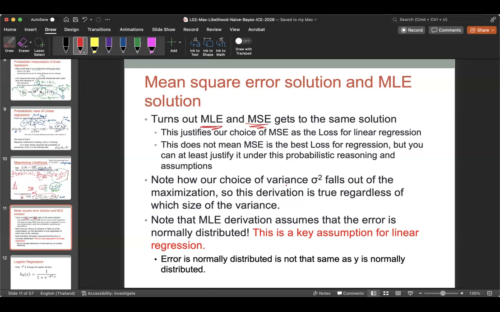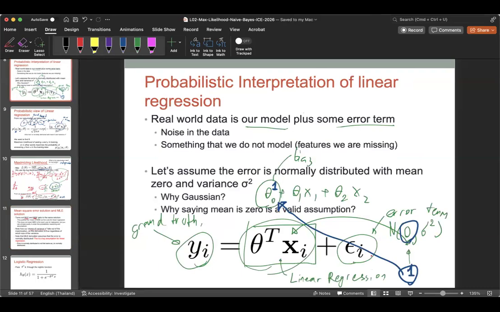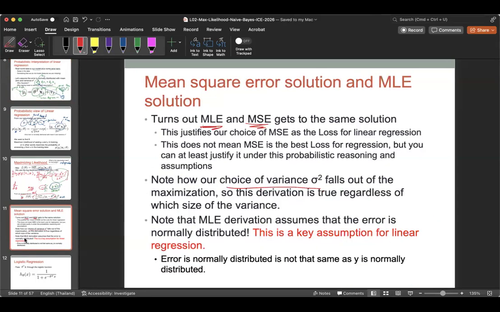Another thing to note is the size of the variance, the variance of our assumption here. We assume there's some variance, but that variance doesn't matter. It just gets dropped in the maximization process. So this is true regardless of what you assume the variance to be.